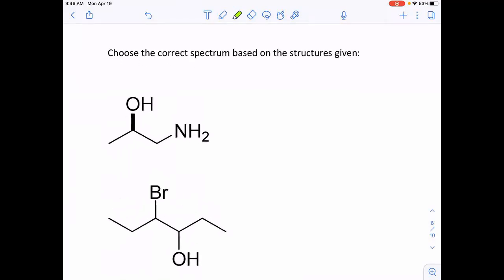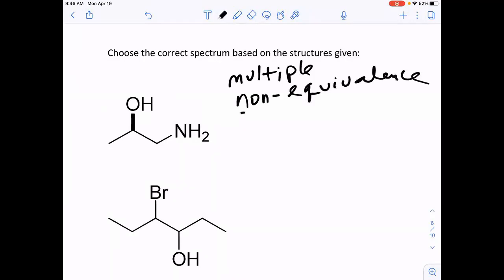And that is, sometimes when you have stereo centers present, and we do have a stereo center right here where the OH is, it causes what we call multiple non-equivalence. When you have multiple non-equivalents, you don't get just your standard splitting patterns.